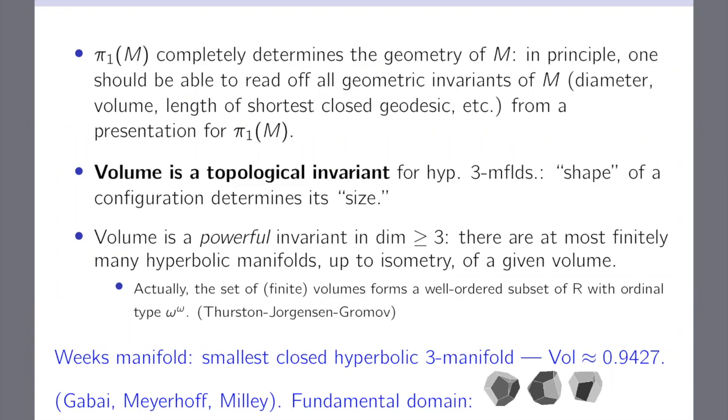The fundamental group, because of Mostow rigidity, completely determines the geometry of M. So in principle, we should be able to read off geometric invariants like the diameter, the volume, the length of the shortest closed geodesic, etc., just from a presentation of the fundamental group.